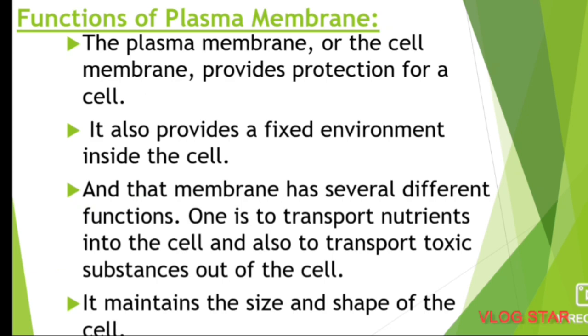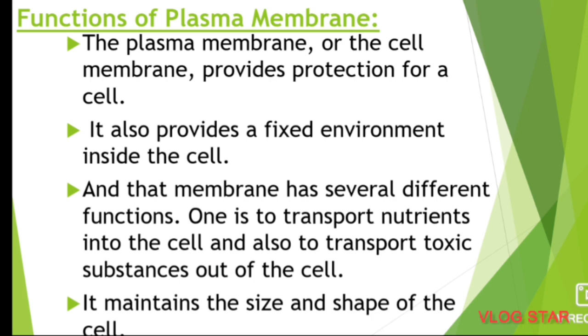Now let us discuss the functions of plasma membrane. The plasma membrane or the cell membrane provides protection for a cell, and it also provides a fixed environment inside the cell. The membrane has several different functions to perform.